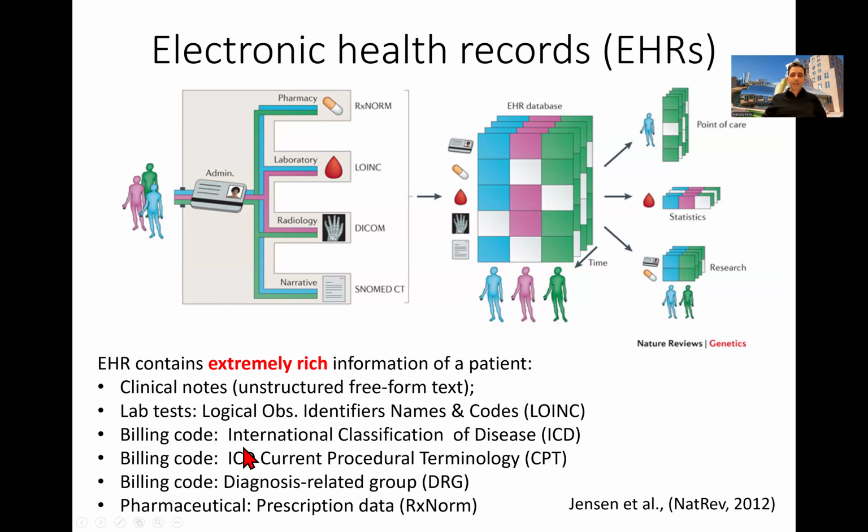You have billing codes. So every time we talk about ICD-9 codes, they're not diagnostic codes. They're actually billing codes. They're basically what's being used to decide what you're going to be charged for. And unfortunately, doctors will sometimes have specific guidelines of what code they should be using because of the insurance system or because of the payer system, rather than as a way to best capture the true phenotype of the patient.